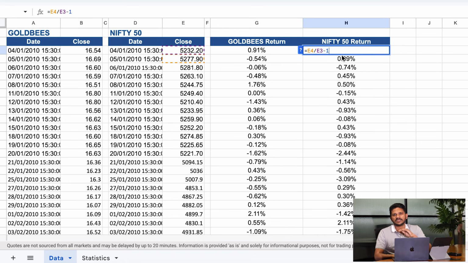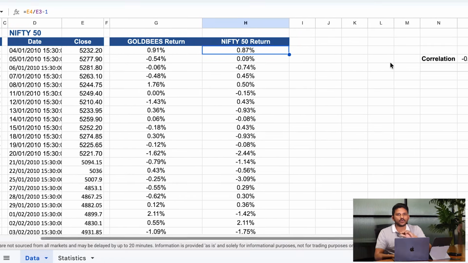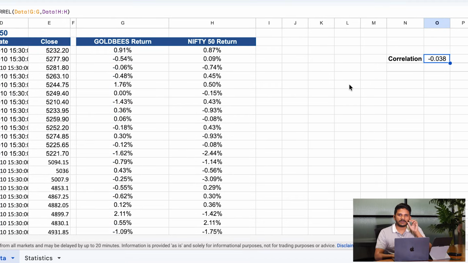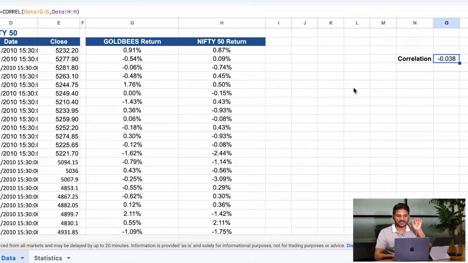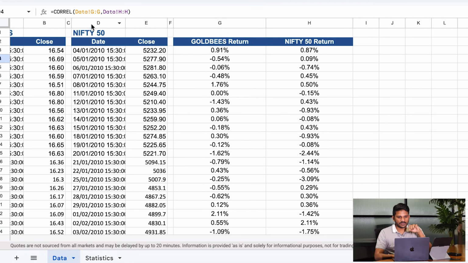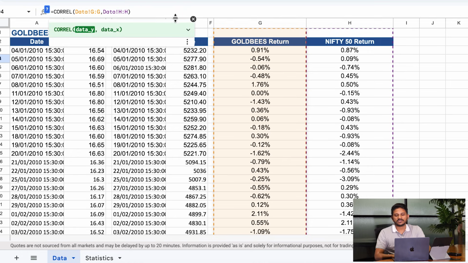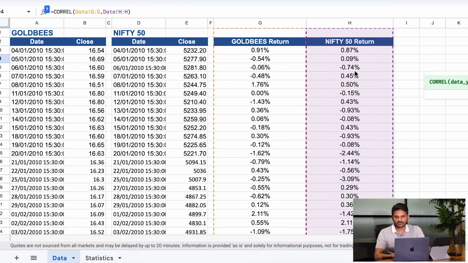Once you get the daily returns of both these assets, it's just one single formula that gives you the correlation of the portfolio where you have both Nifty 50 and Goldbees. You just take the entire series of Goldbees and the entire series of Nifty 50, and you apply this formula, correlation, and that gives you the correlation.